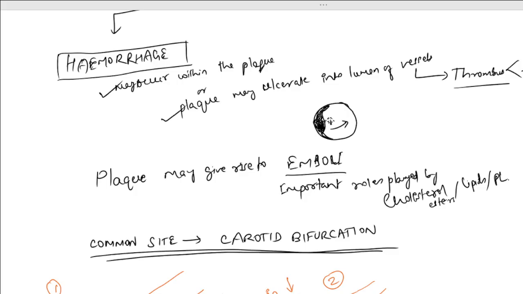Some clinical symptoms or outcomes will come, whatever will happen, but it depends upon how much it has happened, speed of occlusion, or it will depend upon the collateral circulation.